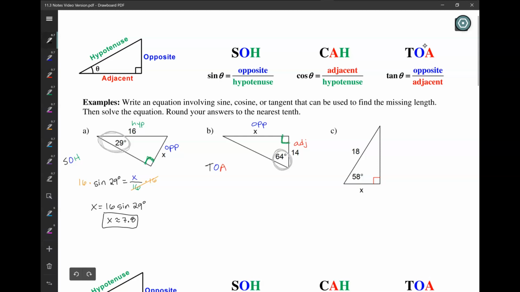So I go ahead and write my equation. The tangent of the angle, 64 degrees, equals. Opposite always goes on top. In this problem, the opposite is x. And the adjacent always goes on bottom. In this case, the adjacent is 14. I want to get x by itself, so I'm going to multiply both sides by 14.